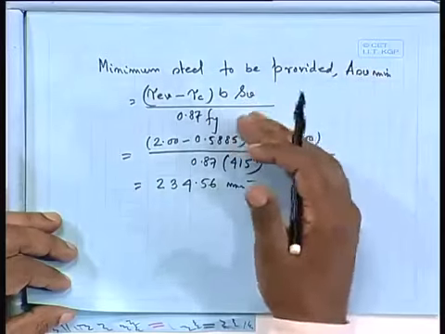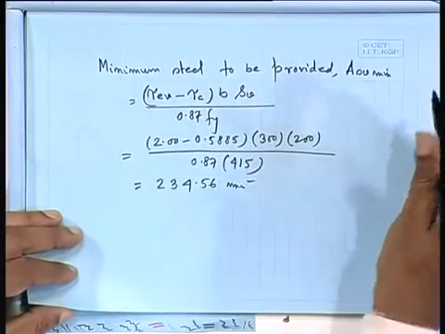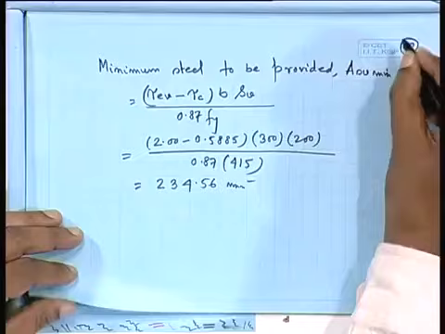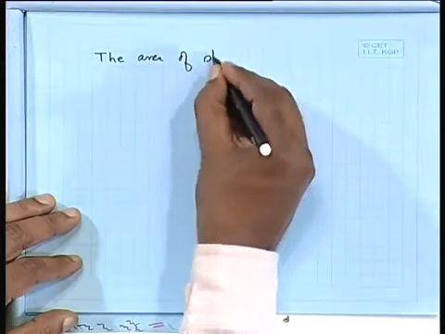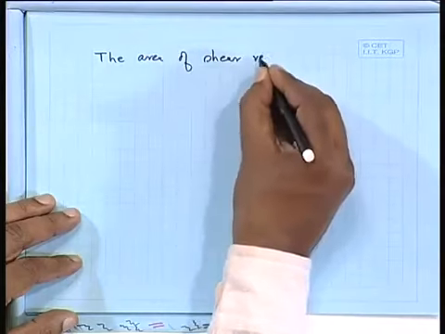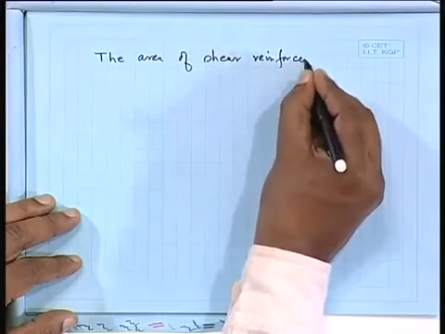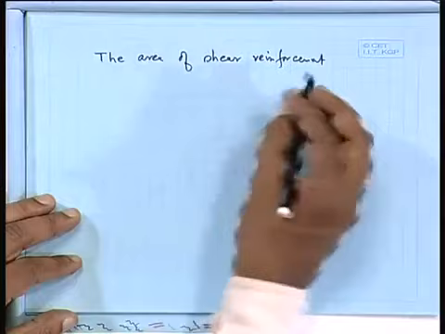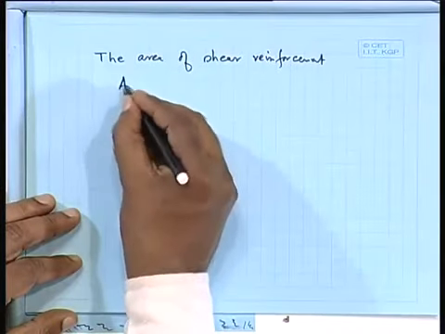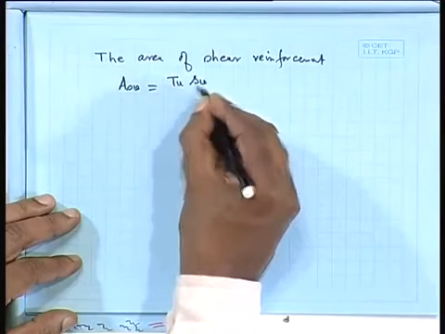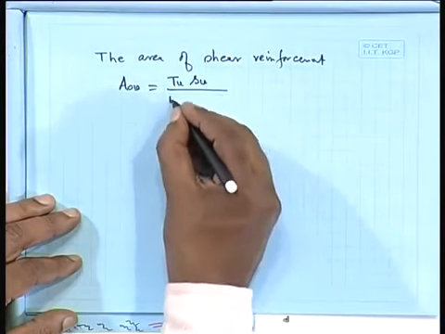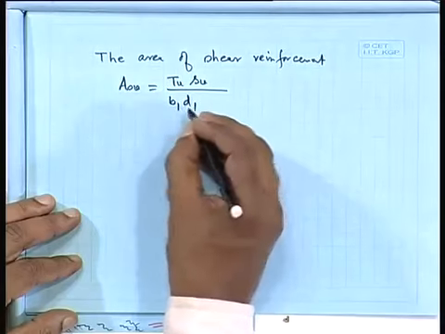Now let us find out from the TU and VU how much we need. The area of shear reinforcement ASV equal to TU by SB, TU is the torsion, B1 D1.